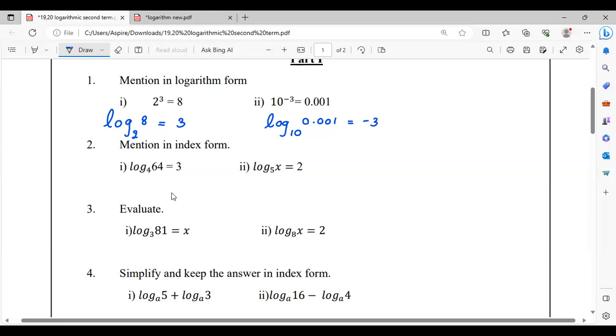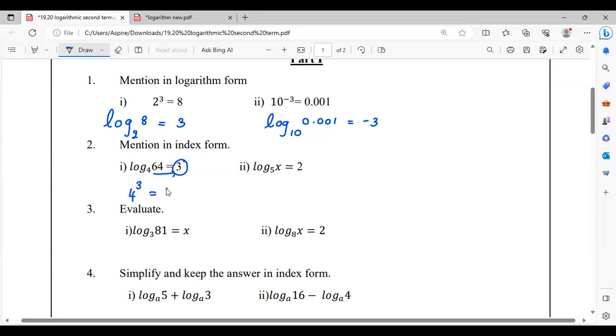Then here, you have to express log form in index form. So here also we write the base first. The base is 4, 4 to the power of 3. 3 is the index.